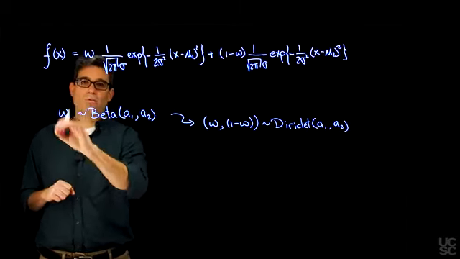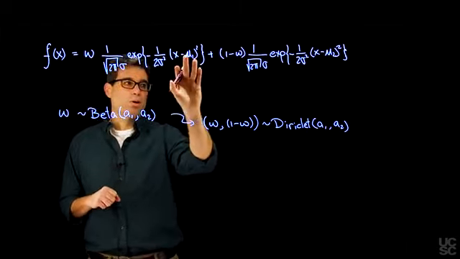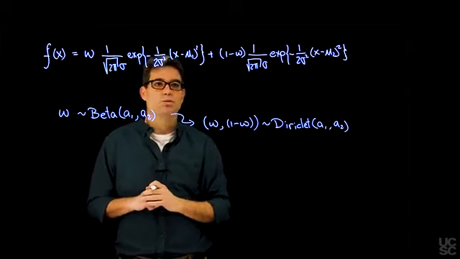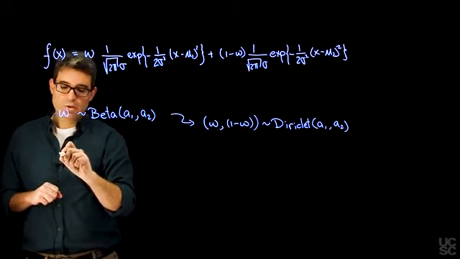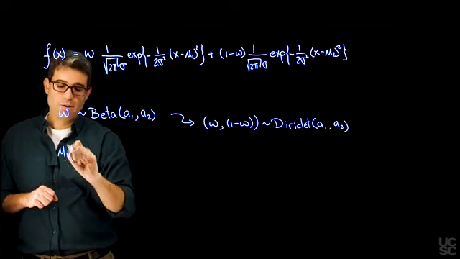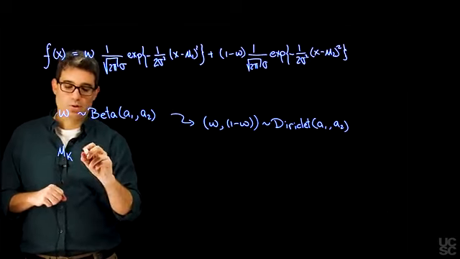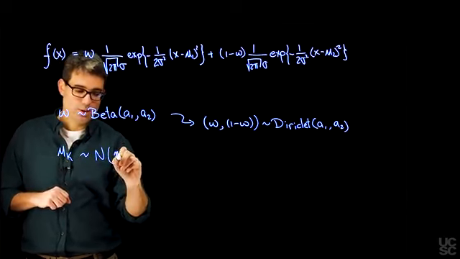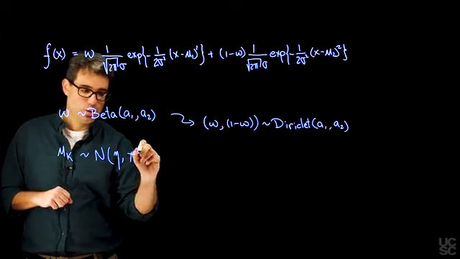In addition to a prior for the weights omega, we need a prior for the means, and we need a prior for the standard deviation, or for the variance of the model. We're going to use the same prior for both means. We're going to call that prior a normal distribution with parameters eta and tau square.